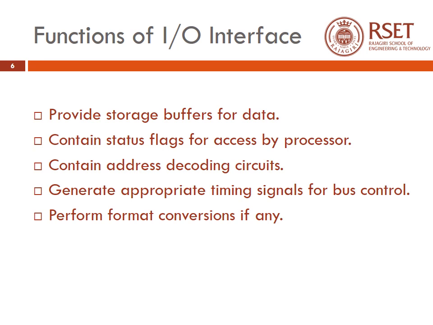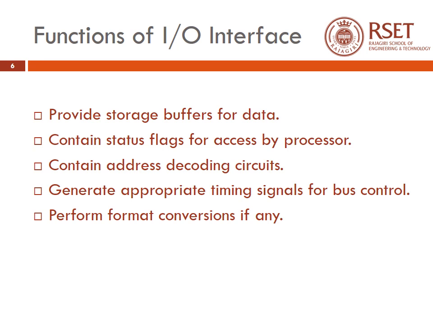And also if there are any format conversions required, for example, in the case of a parallel port, there is no need of any format conversions. Parallel data is available, it can be provided parallelly to the processor, whereas in the case of a serial port, data is coming in a serial format. Now that data needs to be converted to a parallel form to be provided to the processor.